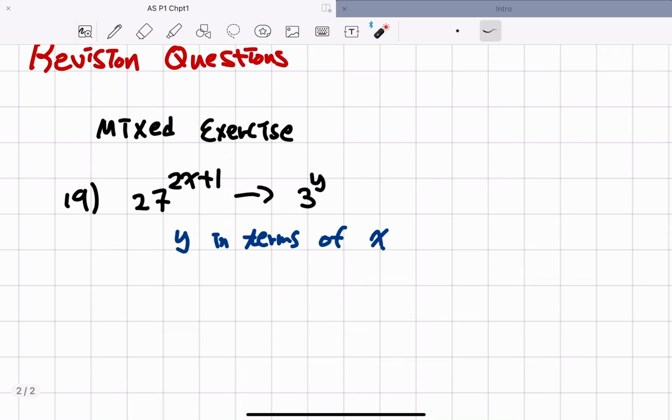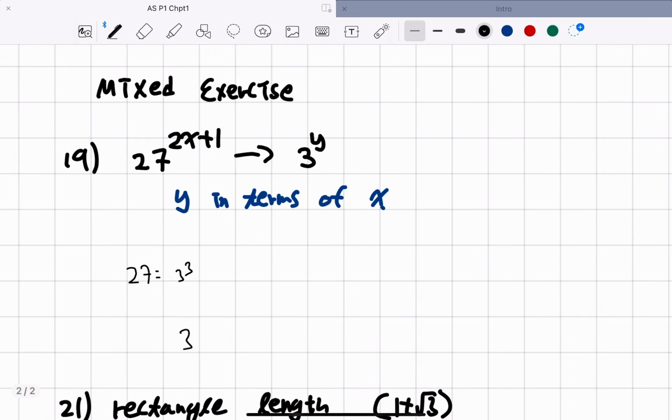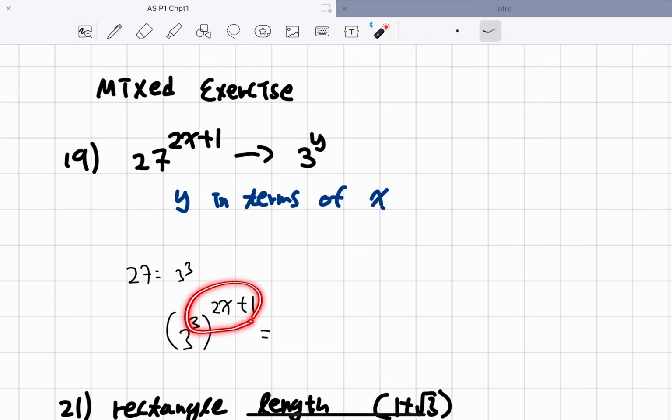We should realize that we can make 27 into 3, right? So 27 is 3 cubed. So we can just substitute 27 with 3 cubed. So it's 3 cubed to the power of 2x plus 1, right? And by the index law, we can expand the powers to 6x plus 3.